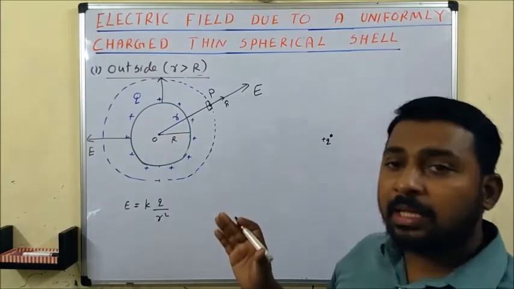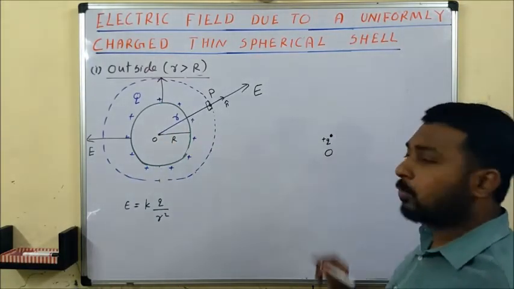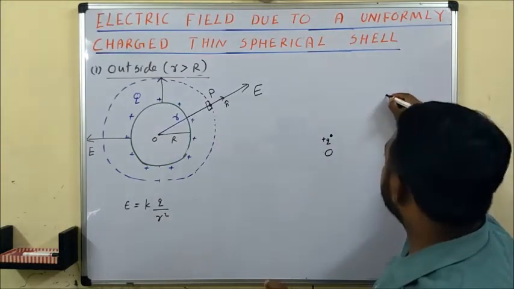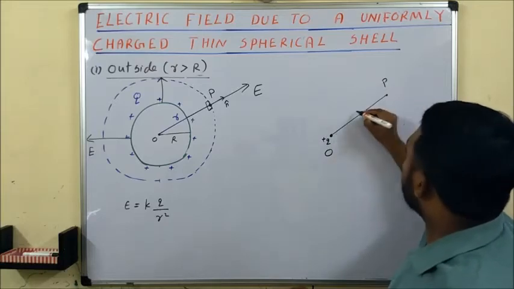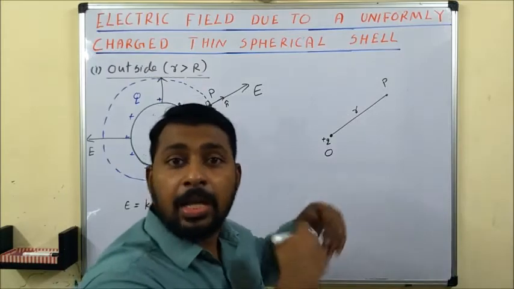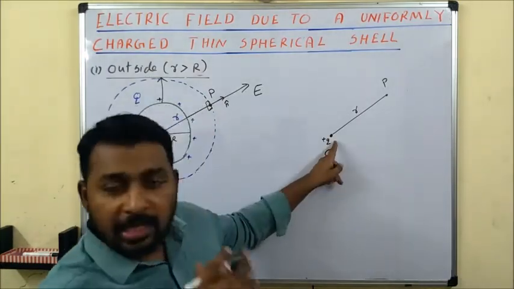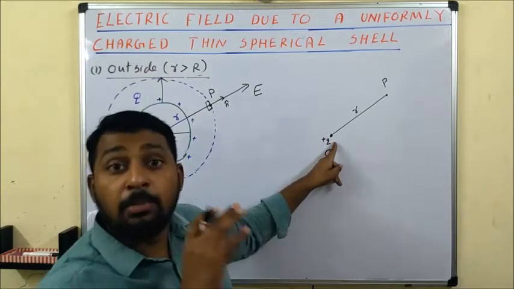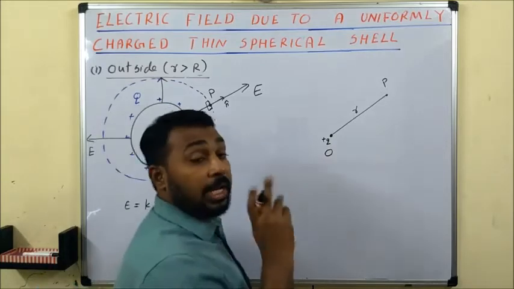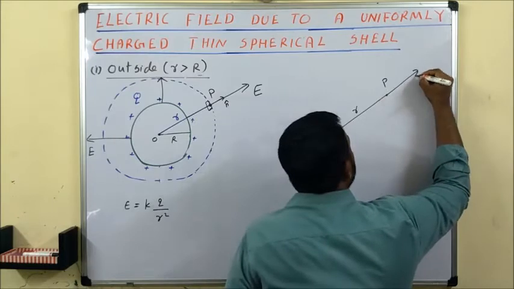It is completely at the center of the shell, and that point is O. Point P is the same, which is at a distance R. It's just imagination, okay. We don't have a shell, but the same charge is concentrated at the center of the shell O. Now the direction of the electric field, it's positive, it will be in this direction.